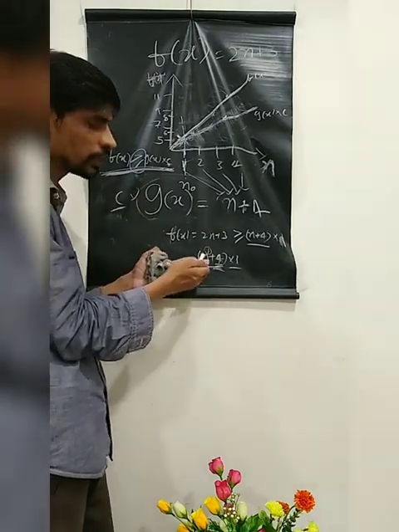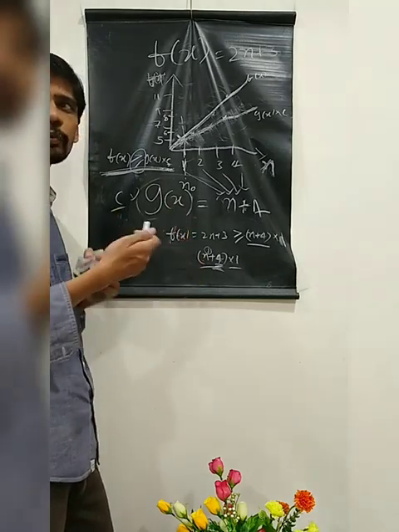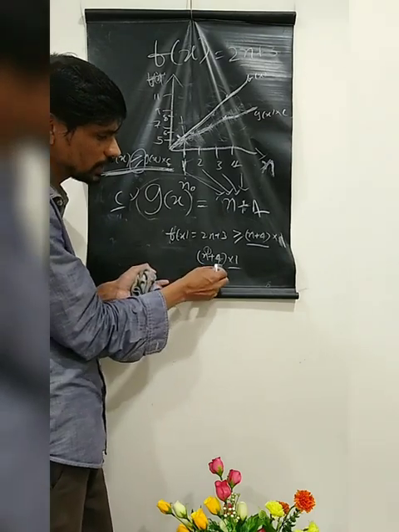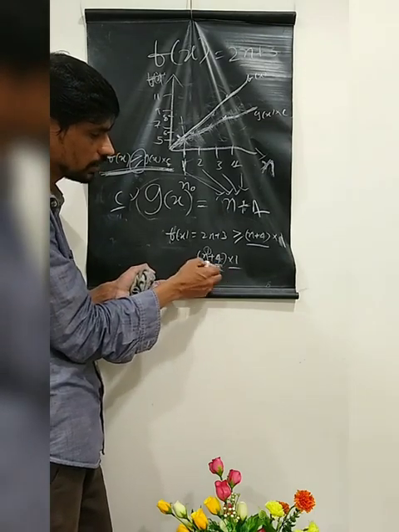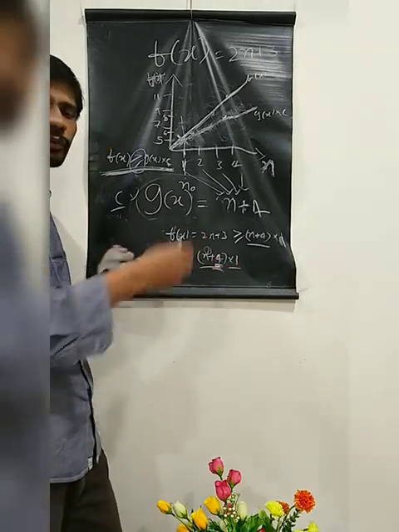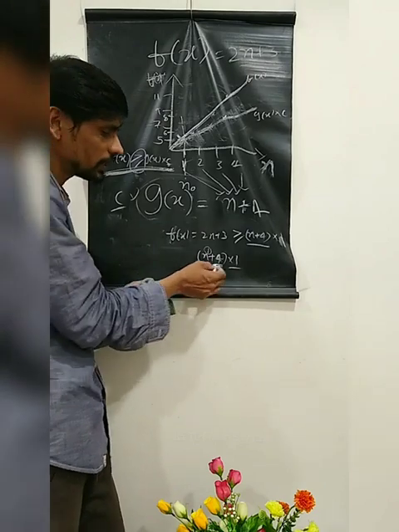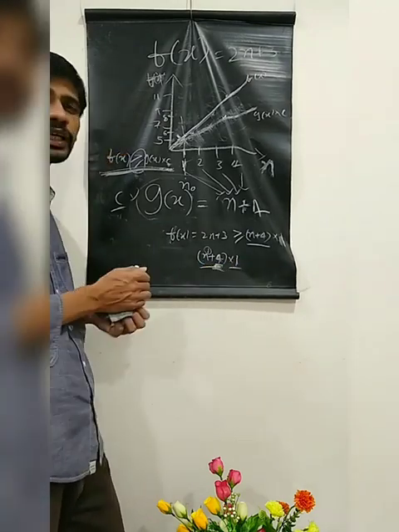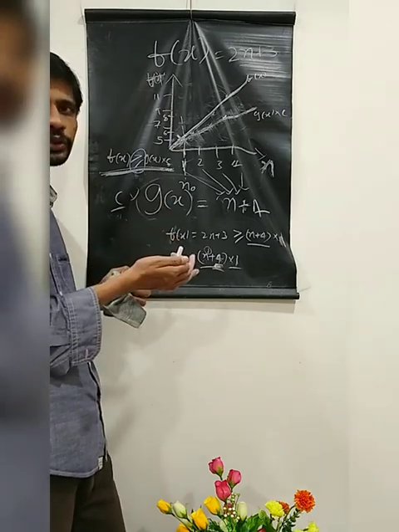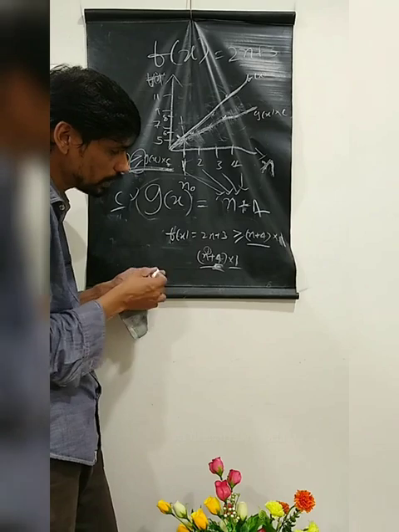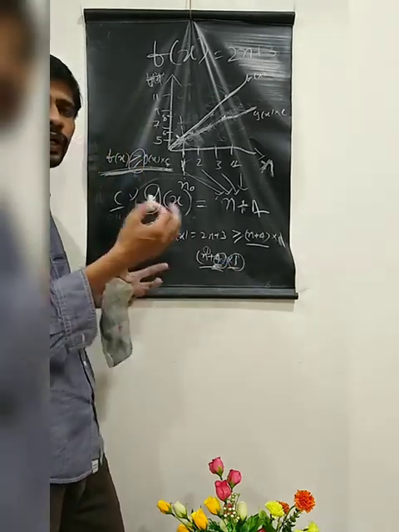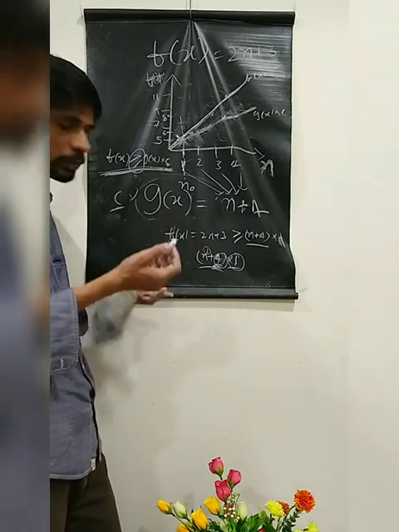For example, if my n is 1 lakh, or 1000, or 2000, or 10,000, this 4 and 1 won't signify actually. If my n increases, the significance of these constants will be very less. That's why we eliminate them, as we did in big O also, right? So while finding big O or big omega, I won't consider them.